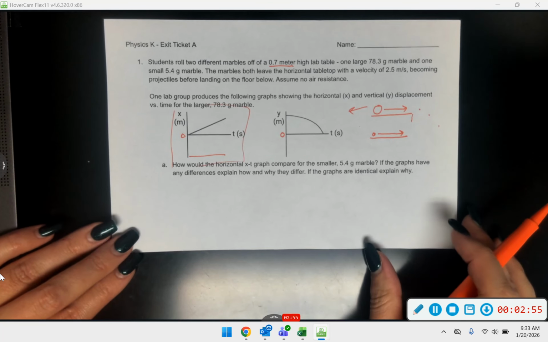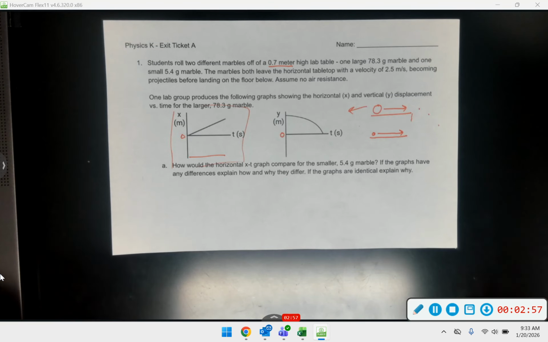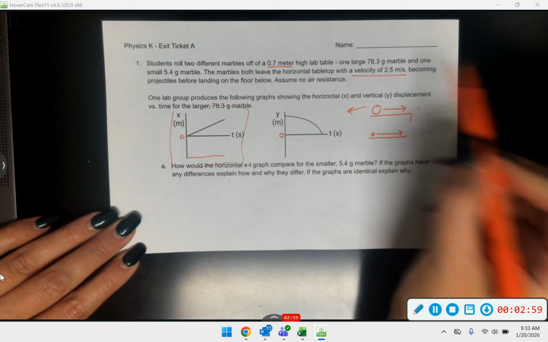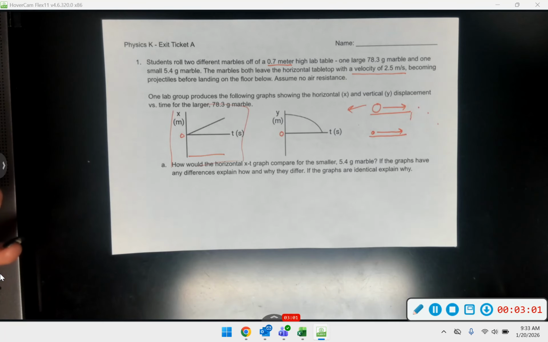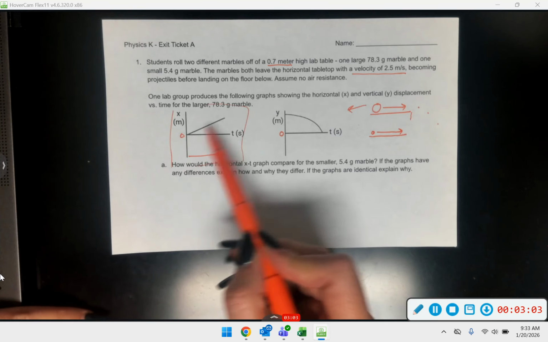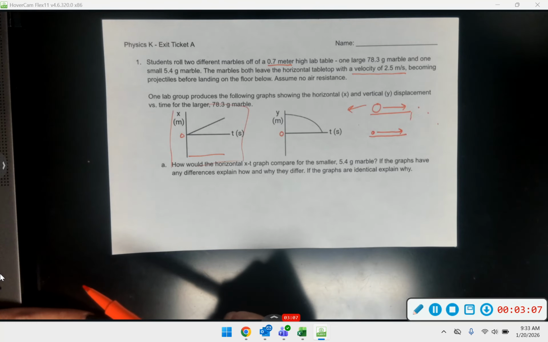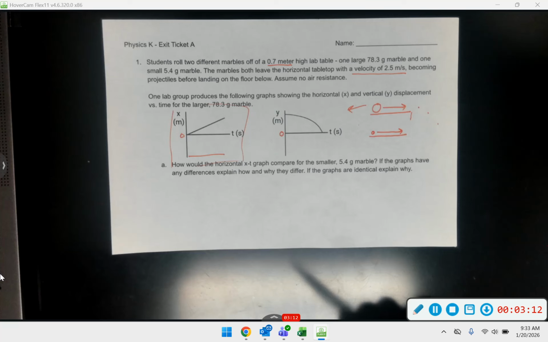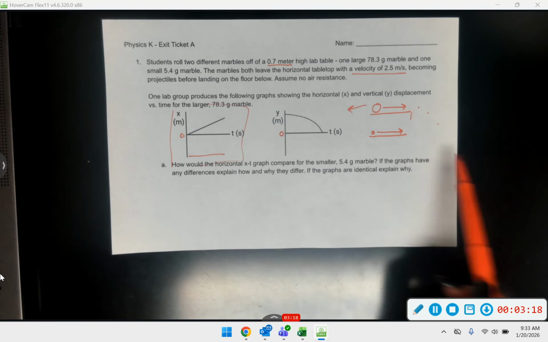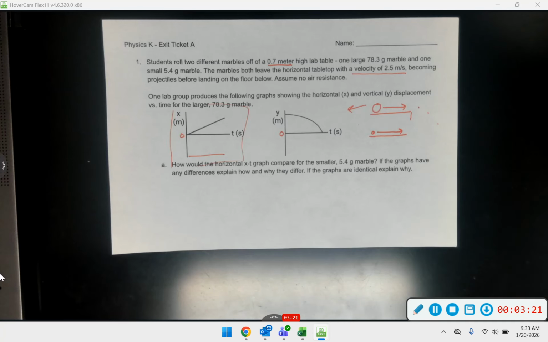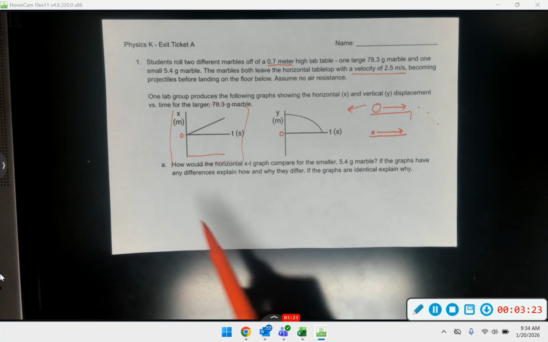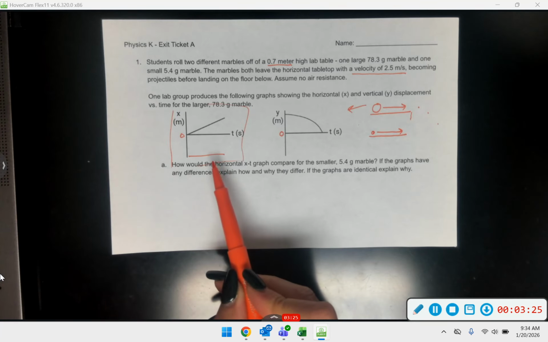And because the marbles leave with the same velocity, they would have the exact same slope because again the slope of this graph is its velocity, and its mass isn't going to affect its motion as a projectile. Mass has no effect whatsoever on the rate at which it falls to the ground, or on the rate at which it's moving forward. Again, there is no acceleration moving forward, so the graph would actually look exactly the same.